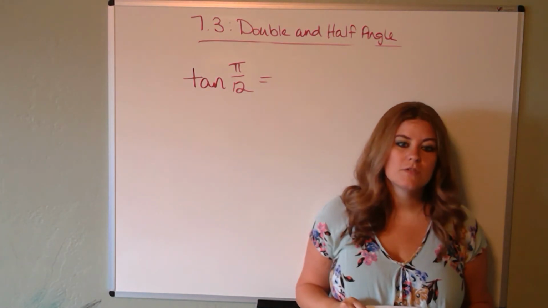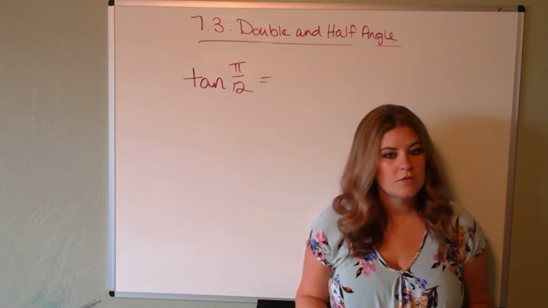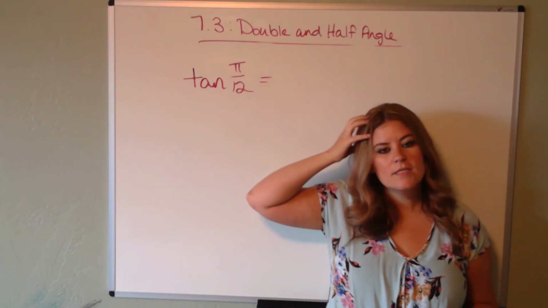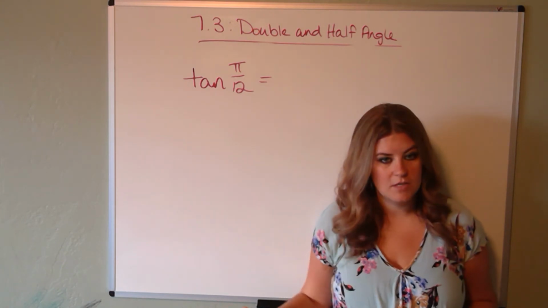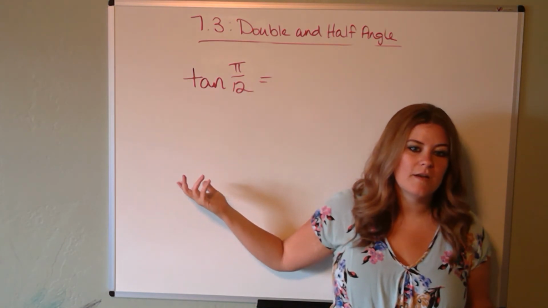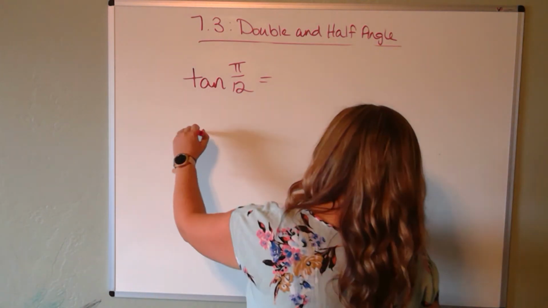Where does pi over 12 fit in with a half angle identity? Well, look at your unit circle. What you're going to do is take this angle and think, this is half of an angle that I actually know. This is half of what? Well, if you can't see it right off, multiply it by 2 and see what it's half of.